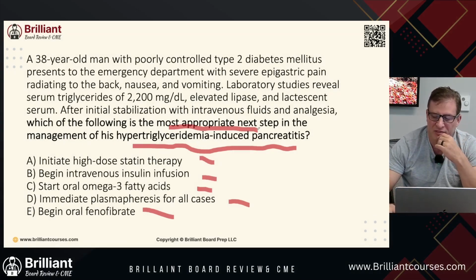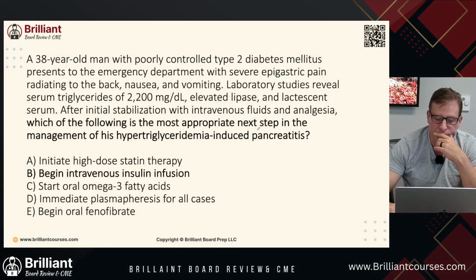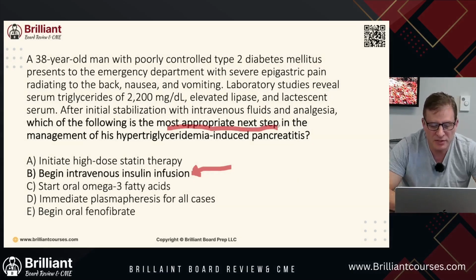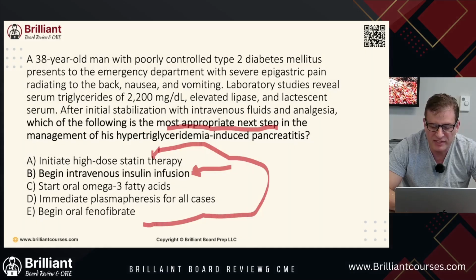And I gave you the answer. Begin IV insulin infusion. Now, all these are used, yes, but it asks what is the most appropriate next step. There it is, right there. Are you going to give a statin? Yes, you are. And in this case, you would give oral fenofibrate with the statin at the same time.